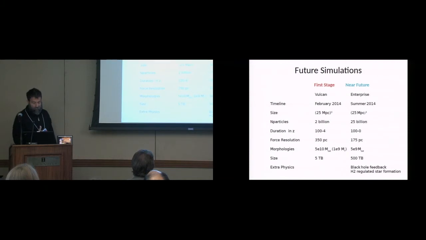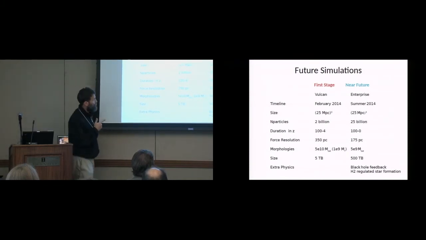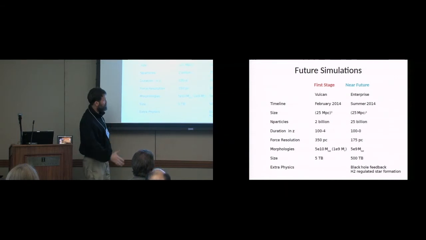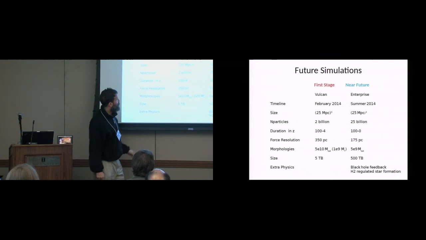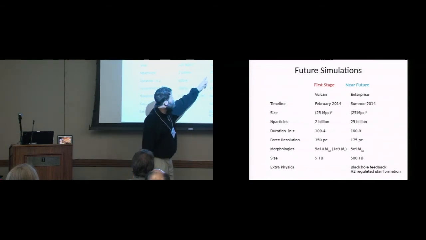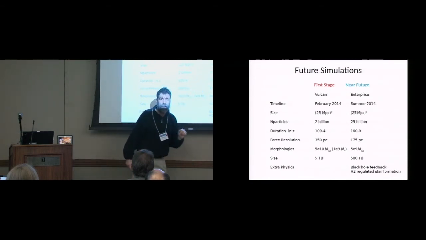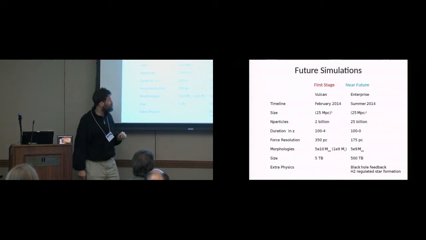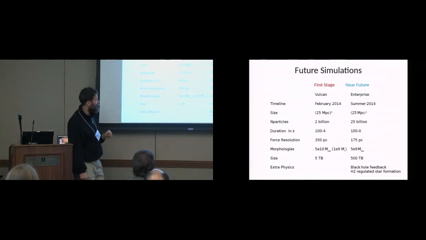Okay, so the simulation I was showing you finished a couple of months ago, and we're analyzing it to produce some publications. What we're planning to use the rest of our allocation for is to up the resolution by an order of magnitude in mass.